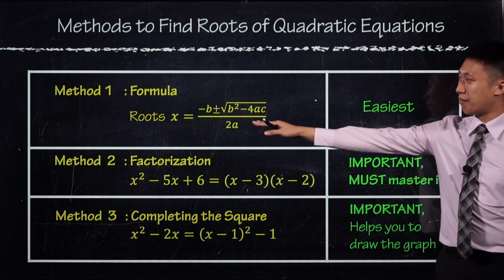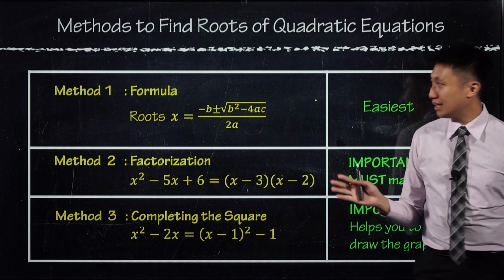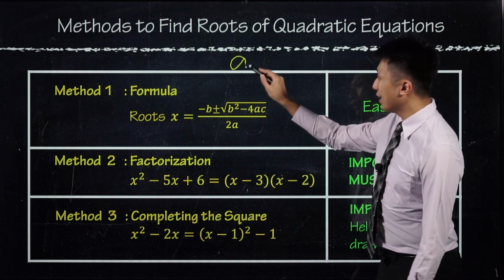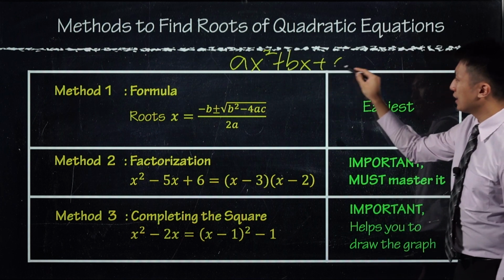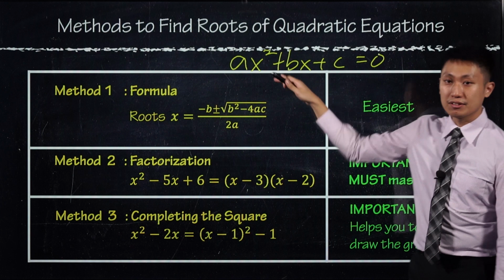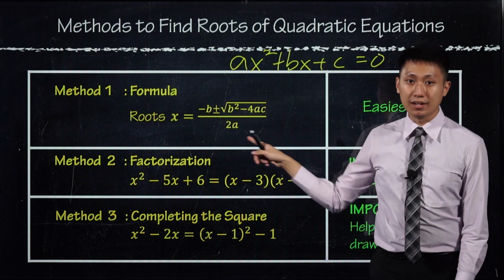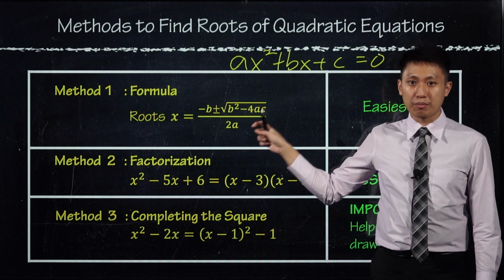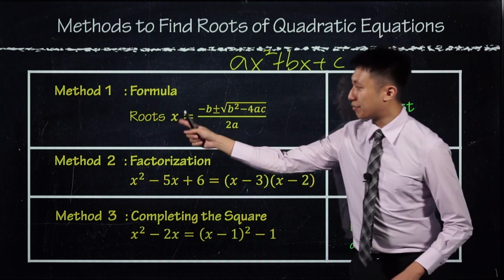First one is the formula. You basically plug in your a, b, c, because ax squared plus bx plus c equals 0. You put a, b, c into this formula, and this is the only formula provided in the SPM exam. Then you get the answer for the roots.